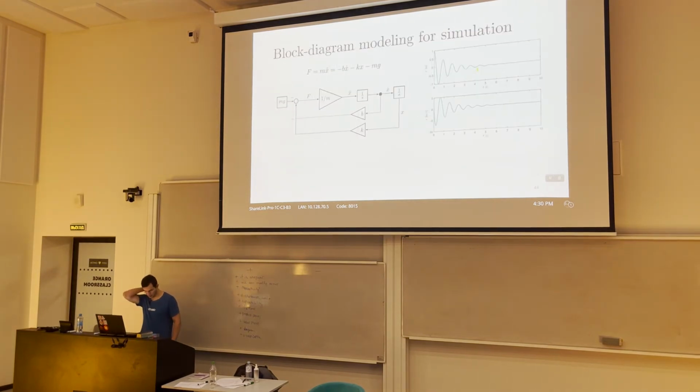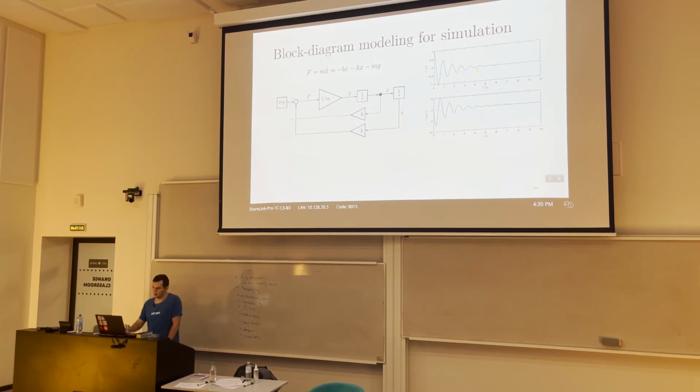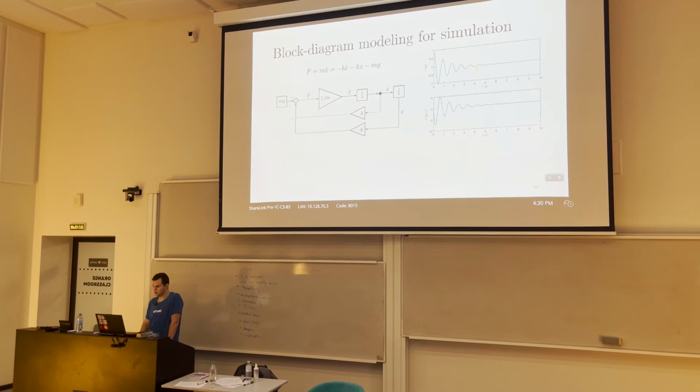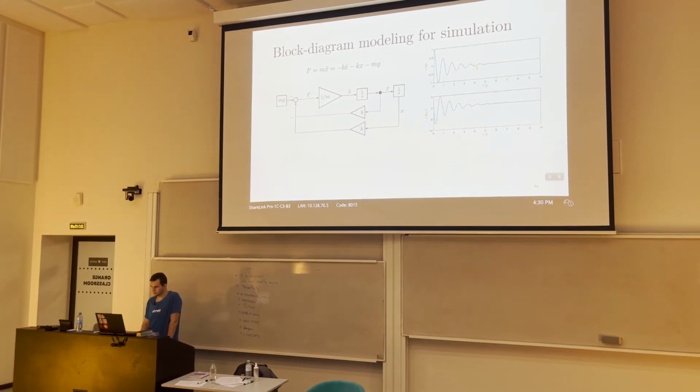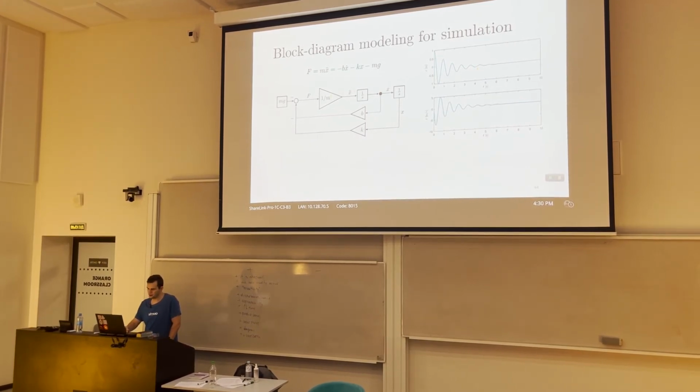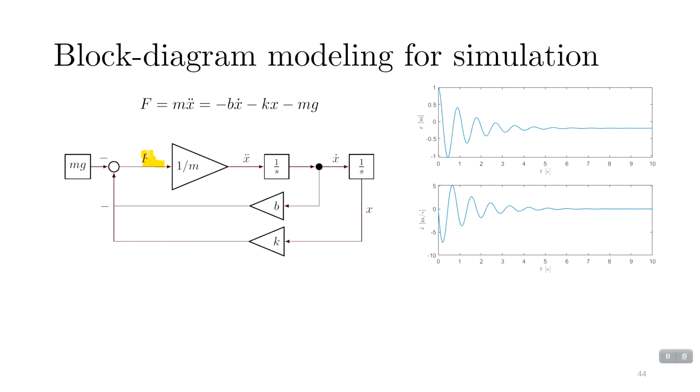All right. So let us discuss this model. So we have derived the equation, and according to Newton's second law, multiplication of mass with x double dot equals the force, right? Let's assume that we do know the force. If we divide the force by m, what will we have? Acceleration, right? Well, if we integrate the acceleration, velocity.